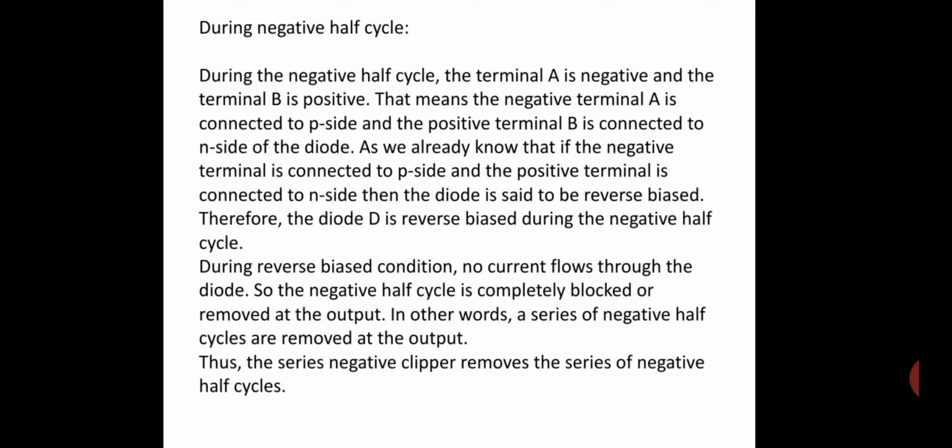During reverse bias condition, no current flows through the diode, so the negative half cycle is completely blocked or removed at the output. In other words, the series of negative half cycle are removed at the output. Thus, the series negative clipper removes the negative half cycle.